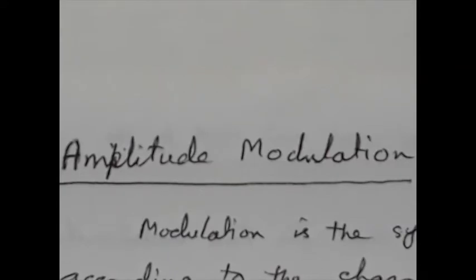Now if that particular parameter is amplitude, then that technique of modulation is called amplitude modulation. So for amplitude modulation, the amplitude of the carrier should vary about its original value or original amplitude depending on the variation of the baseband signal.